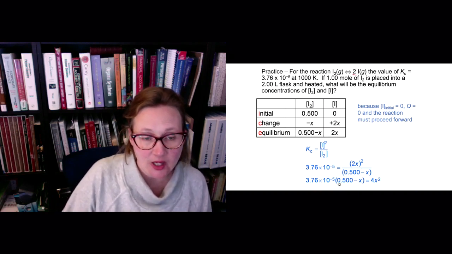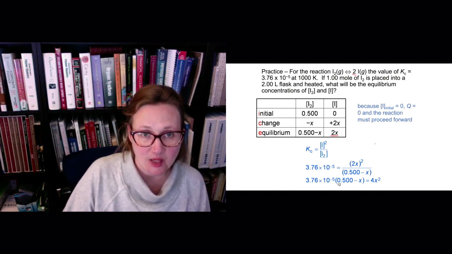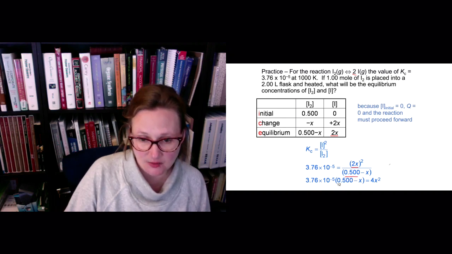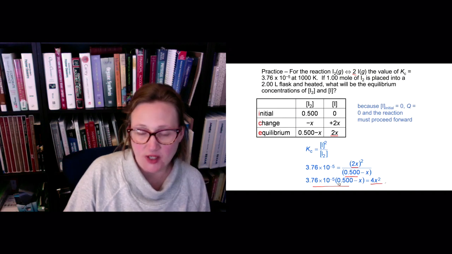So at equilibrium, we have 0.5 minus x, and we form 2x. We can put in our expression for Kc, so we have 2x squared over 0.5 minus x. What we come up with is that this value is equal to 4x squared.